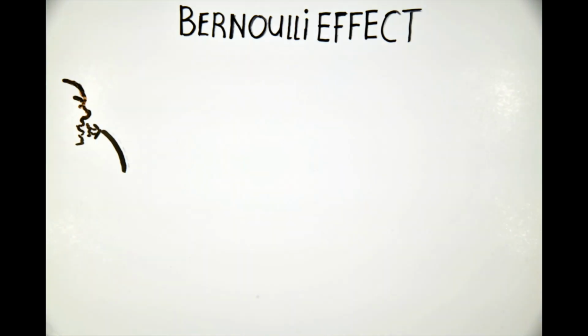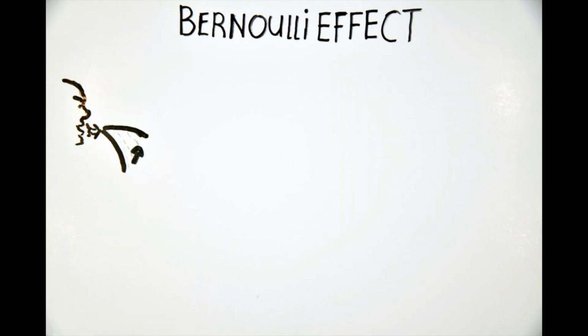For example, if you blow over a piece of paper, the paper will move upwards. Another good example is an airplane wing.